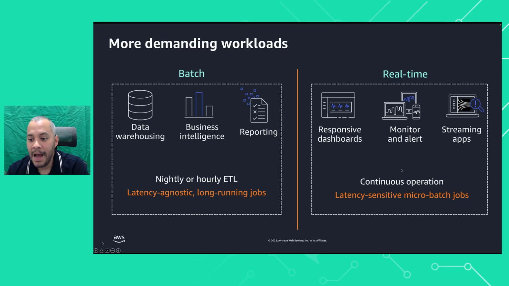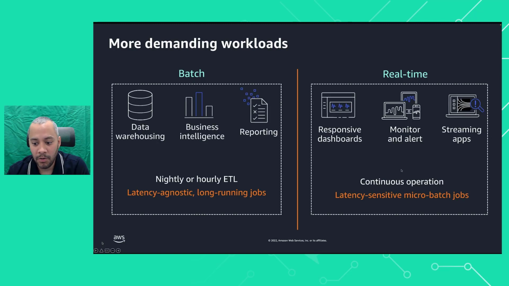Now, the other type of workloads that we have is real-time. The most common use cases for this type of workloads are real-time dashboards, monitoring and alerting, so for example, if you want to detect anomalies in real time, or streaming applications. For example, if you want to transform the data in real time, this is the right type of workload for you.